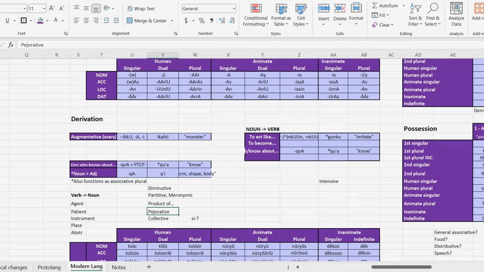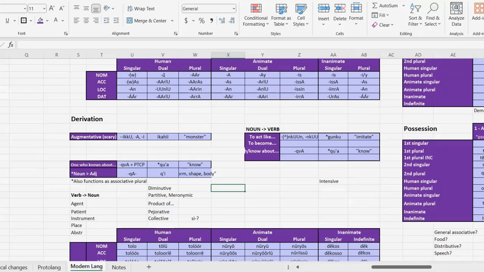Both Nakachti and Adun have a pejorative prefix. It's chi in Nakachti and chi in Adun. Or is it pejorative in Adun? That might just be the standard diminutive in Adun, and it only became pejorative on the way to Nakachti. I can't remember. In any case, the question is, if we have a diminutive, which we probably will, how many of these senses do we want it to encompass?